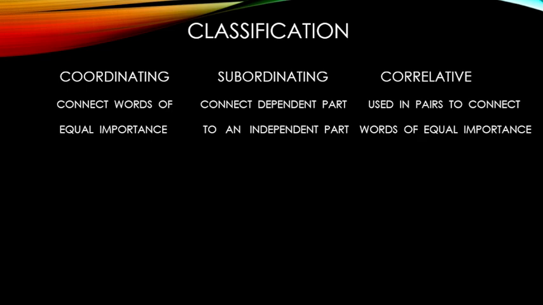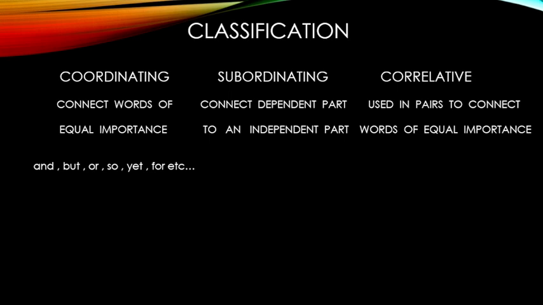So let's move to the examples of coordinating, subordinating and correlative. In coordinating we are using and, but, or, so, yet, for, etc. These are all the coordinating conjunctions that we use to connect words of equal importance.